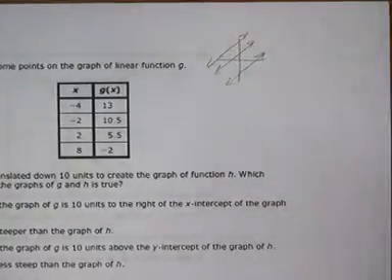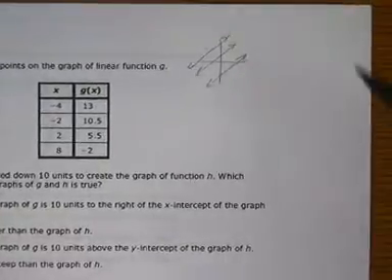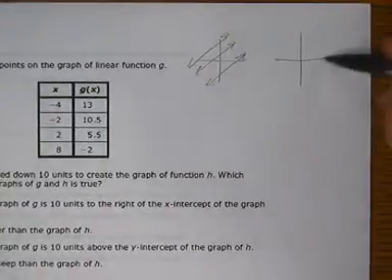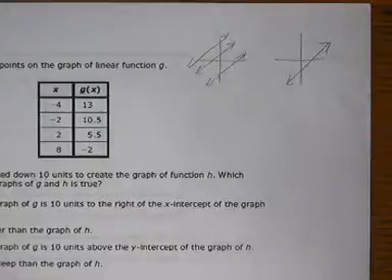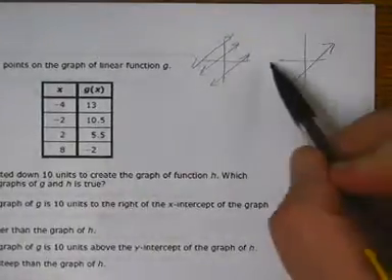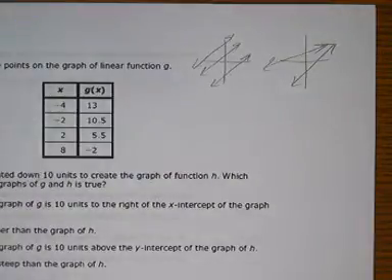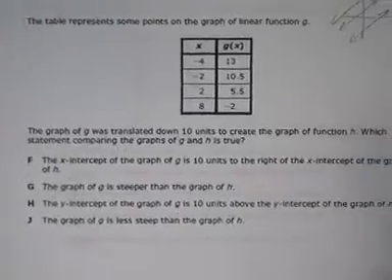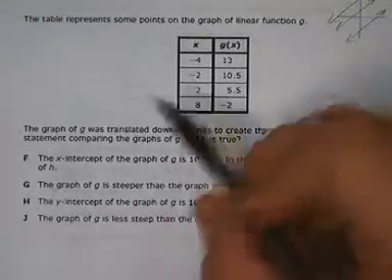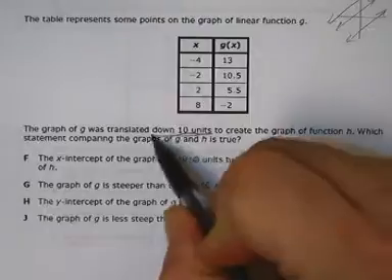These are all parallel. If you have a graph and you adjust the slope, then of course the steepness is changed because that's what you adjusted. In our description, it says that the graph was translated down 10 units.